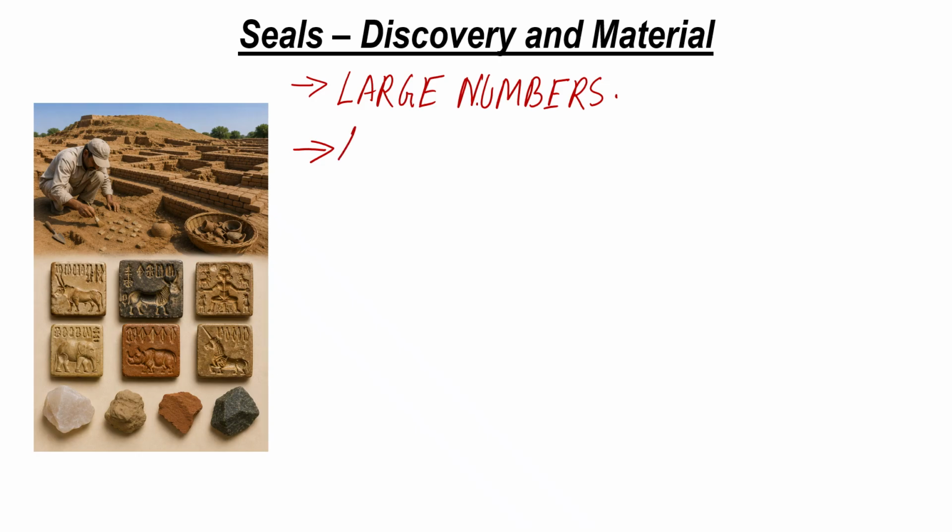That is, they have short inscriptions along with pictures like one horned bull.